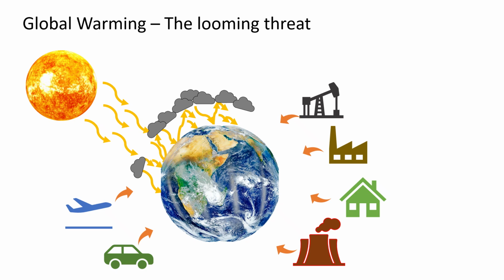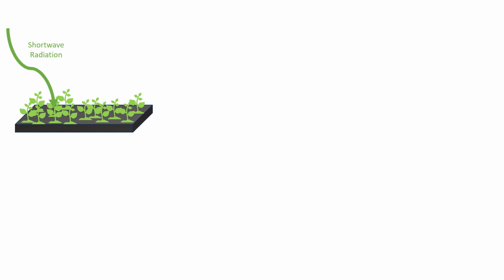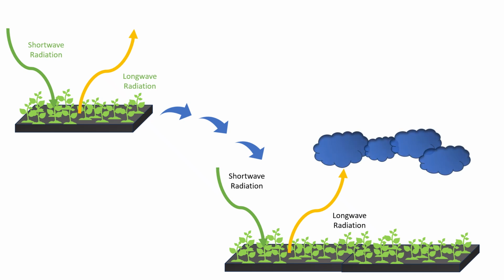Global warming is a real threat which is increasing because of these gases and carbon emissions on a daily basis. Now, the short wave radiation comes from the earth and goes back, and that's how normal earth should behave. Whatever radiation is coming, gets absorbed, whatever amount is necessary, and the rest of it goes back. But what's happening these days is, because of these clouds, these rays are coming back and getting trapped in the atmosphere.